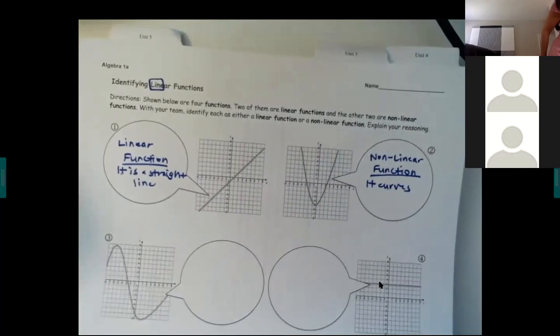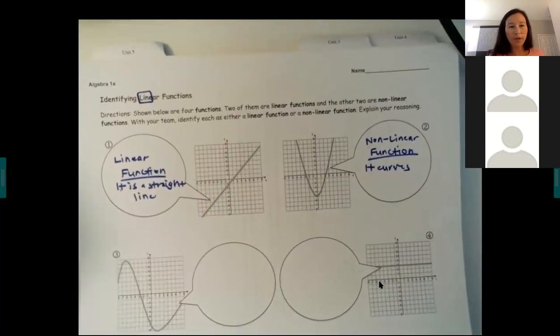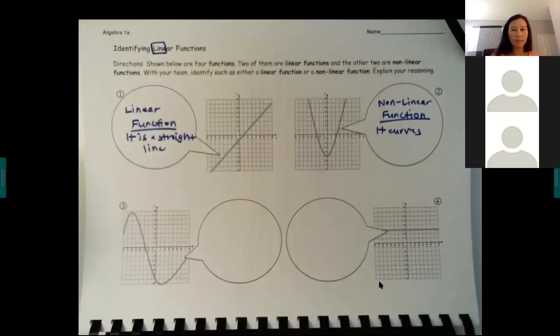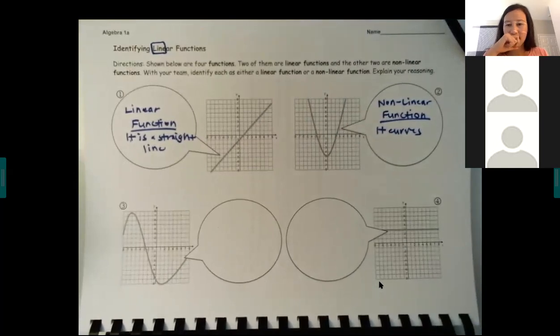No. Okay, so what do you guys think? Let's see. For number 3, Kaleni, do you think that's a linear function or nonlinear function? It is a linear function. You think it is a linear function? So we said if it is a linear function, it's a straight line, so it can't have any curves.